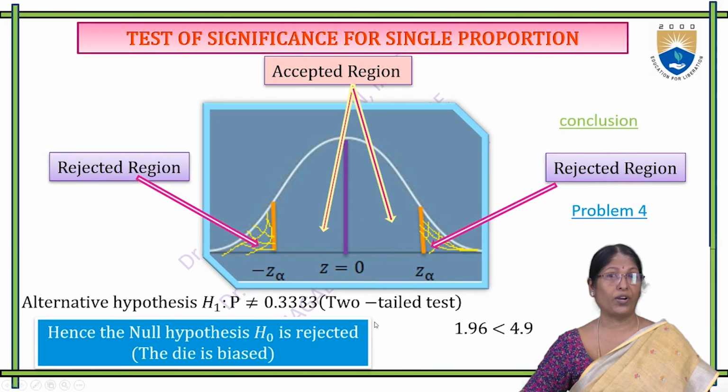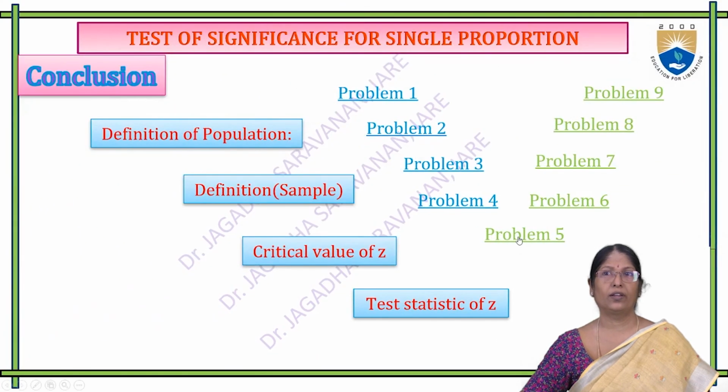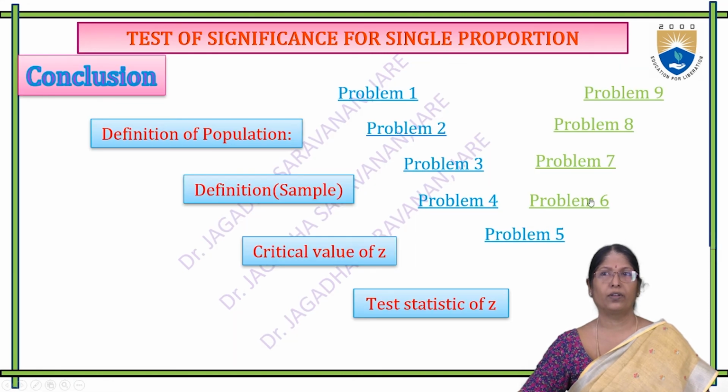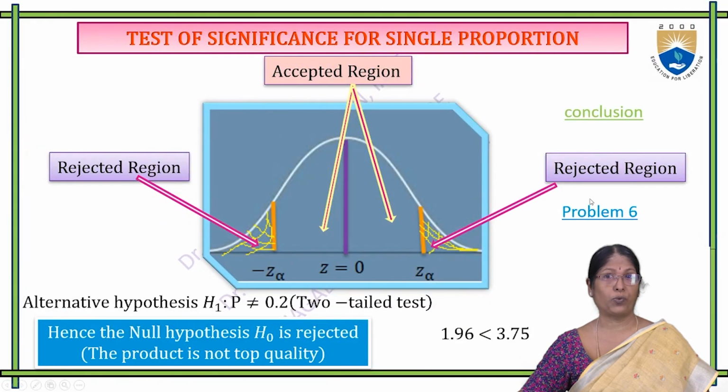Here the picture shows very clearly why it is accepted and why it is rejected. Then we moved to the next, the graphical representation showing why it is accepted, with the data that are given, and moved to the next problem.